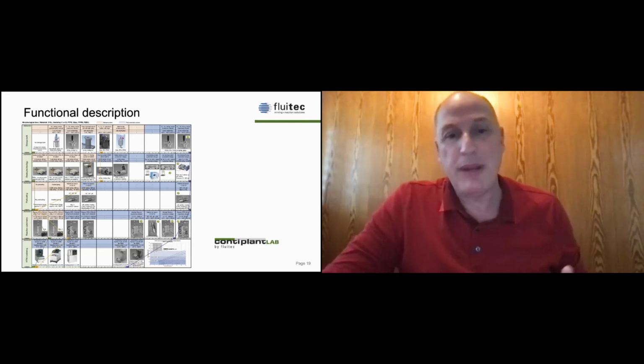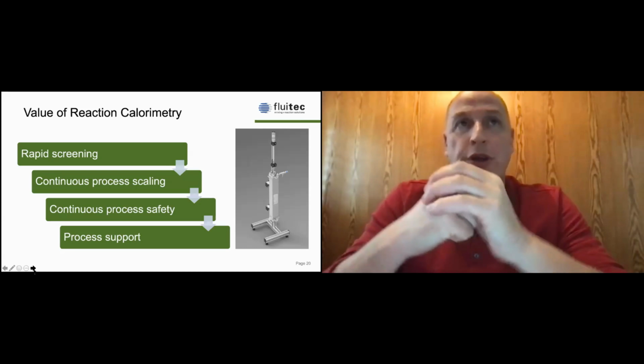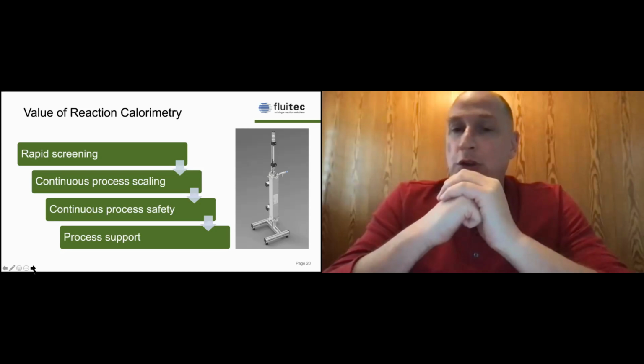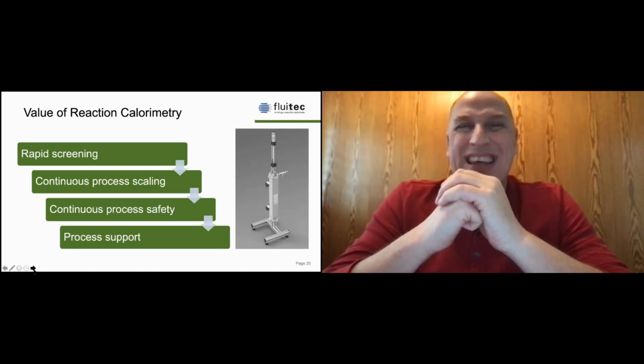Why did we develop this equipment? We had clients who couldn't really scale it up, not due to the surface to volume ratio not being okay, not due to the heat transfer not being okay. No, the issue was the kinetic. Sometimes it was quite difficult to analyze the kinetic, and kinetic is quite important for scaling, but also for process safety.